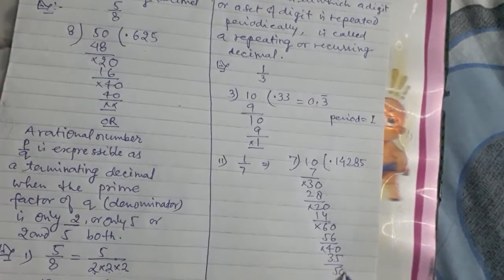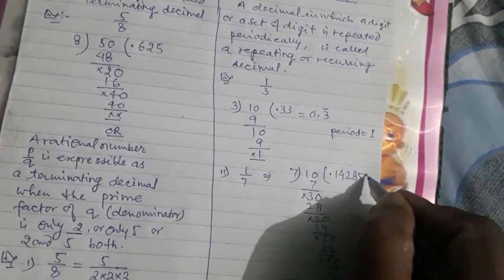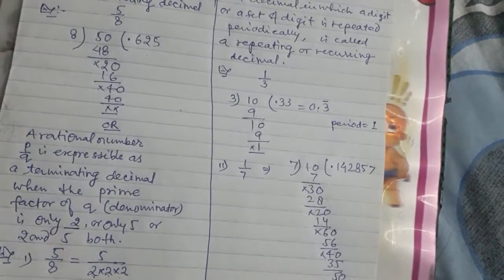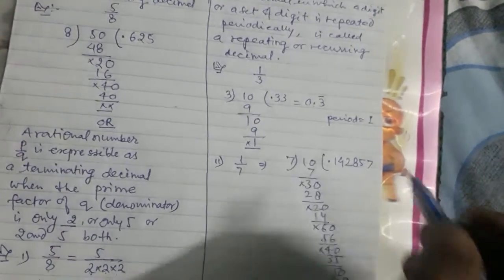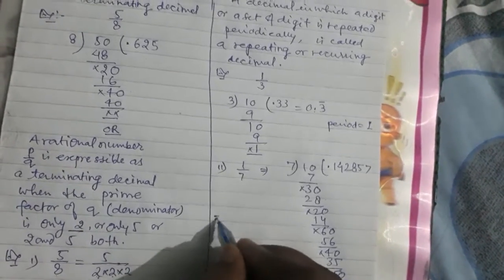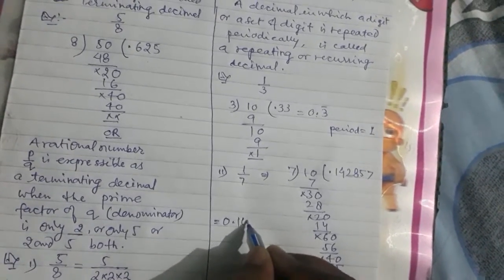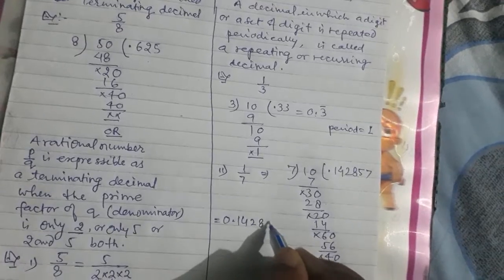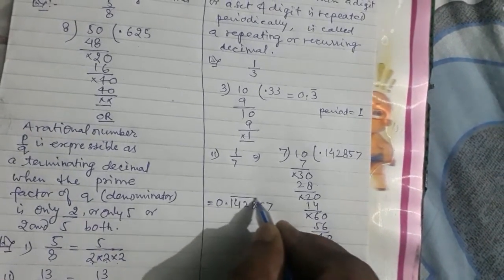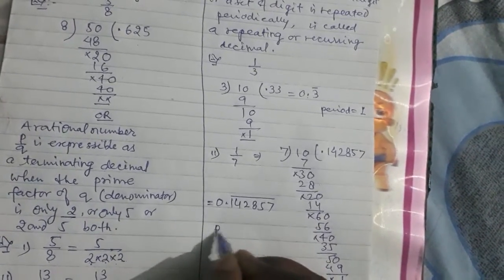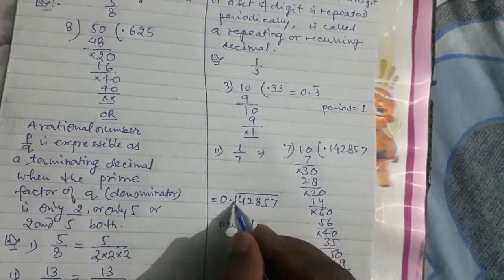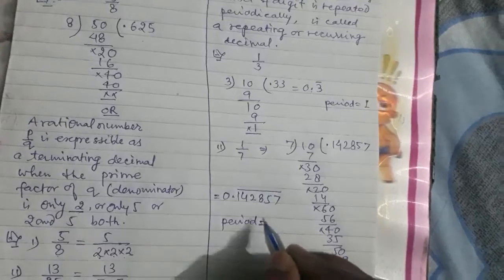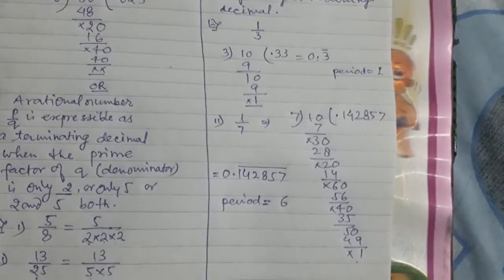Now 5, 0, 7 7s are 49. Here 1. This can be repeated periodically, that is 0.142857 bar. It means its period is 1 2 3 4 5 6. After decimal 6 digits repeat, so its period is 6.